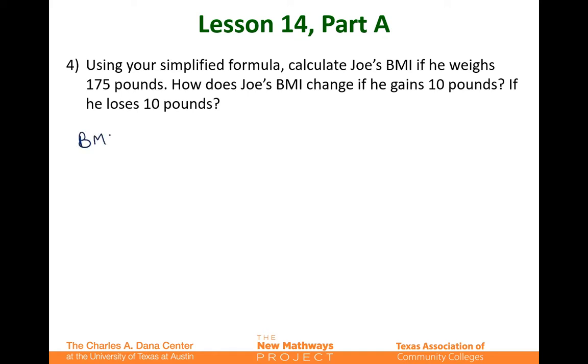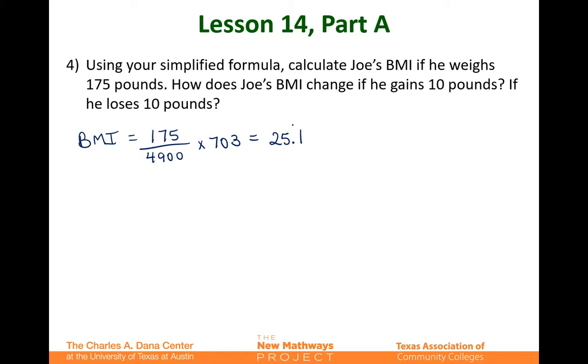So BMI, if he's 175, is 175 over 4,900 times 703. Now we just use our calculator: 175 divided by 4,900 times 703. We see that his BMI is 25.1.